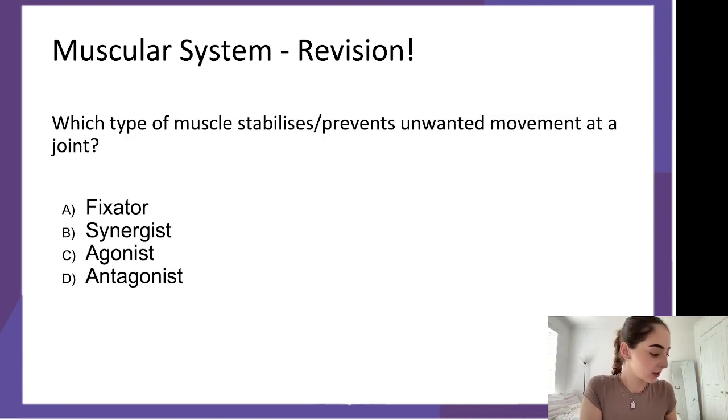Okay, next question. Let me just do the poll. Which type of muscle stabilizes or prevents unwanted movement at a joint? Fixator, synergist, agonist, antagonist. What do we think? Give you guys a second.